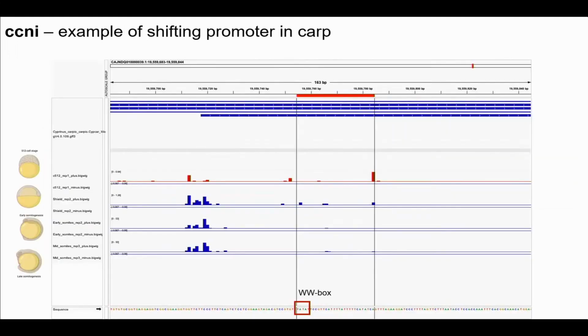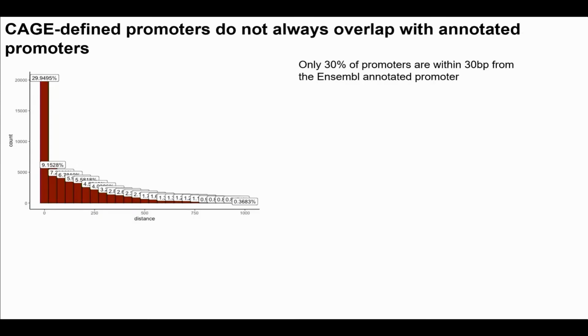So here is one example from the genome browser showing the maternal W box driven initiation and the shift happening after zygotic genome activation. So let me tell just one segment about how our transcriptional start site correlates with the Ensembl annotated start of transcription.